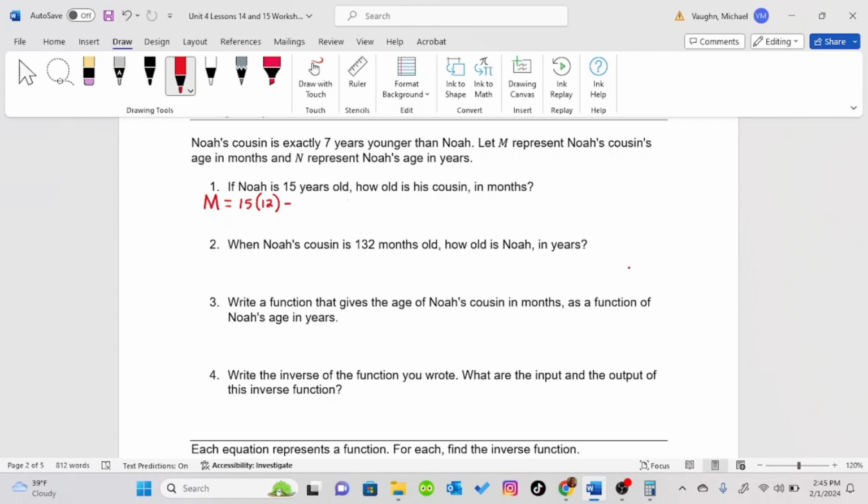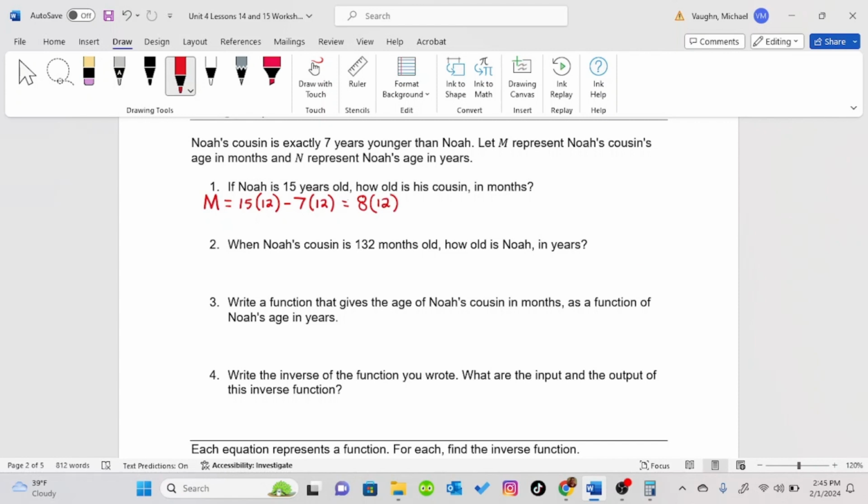So we need to multiply that times 12. And then we need to subtract 7 years, but we need that in months. So we're going to multiply by 12. 15 times 12 minus 7 times 12 equals 8 times 12.